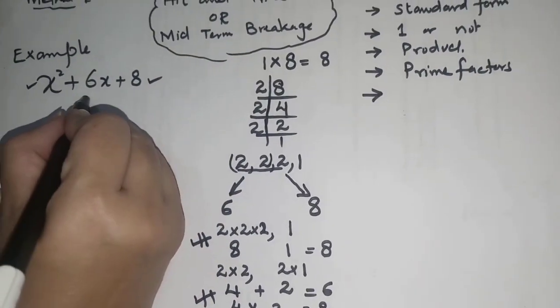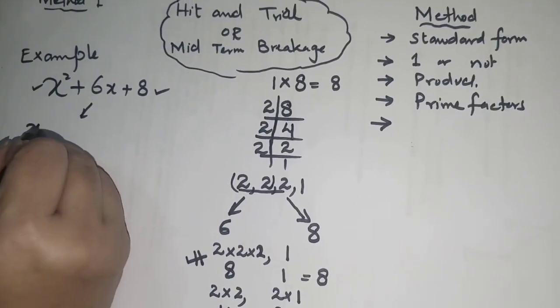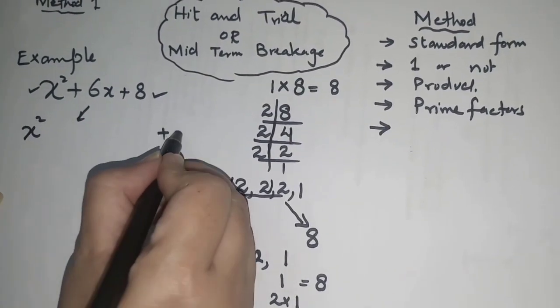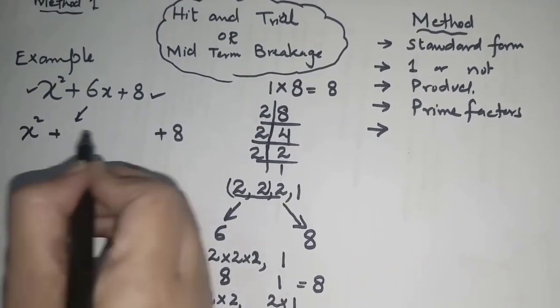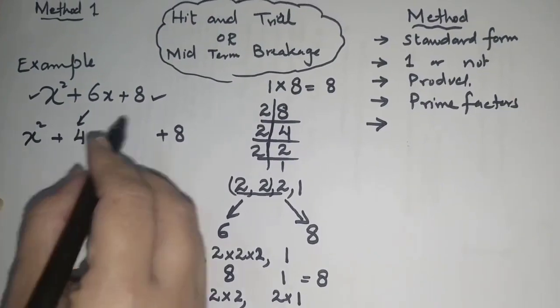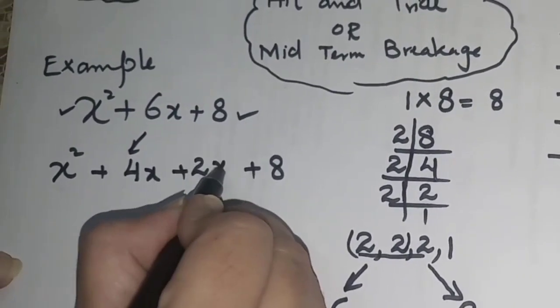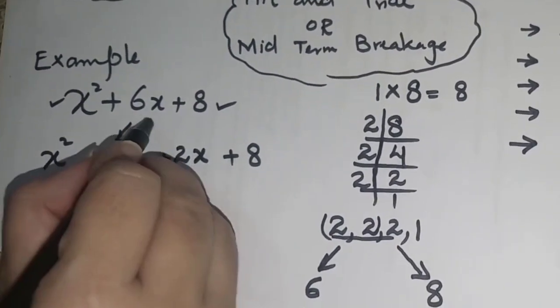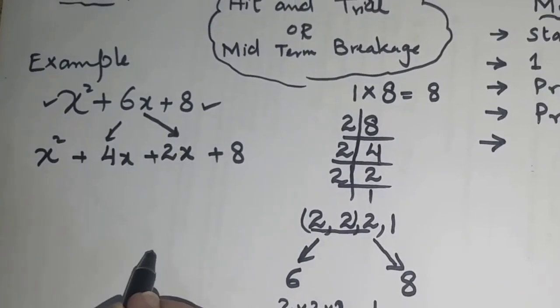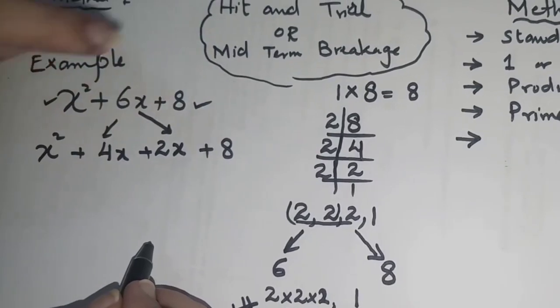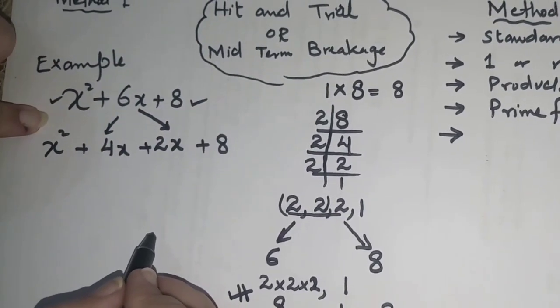Now I have to copy the first term and the last term as they are. But in the next step, I have to break the middle term in the form of two new terms. Here I have broken my middle term. That's why this method is called the midterm breakage.